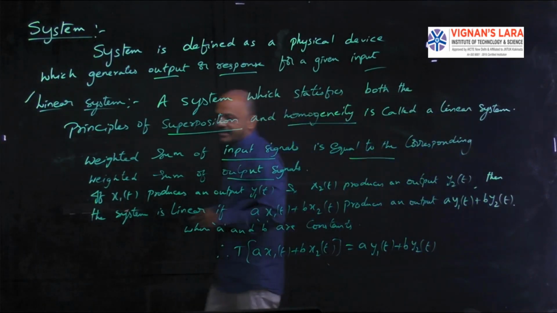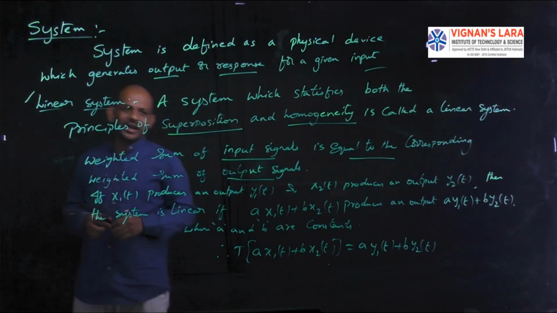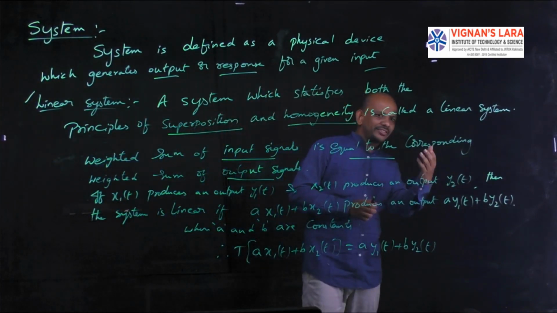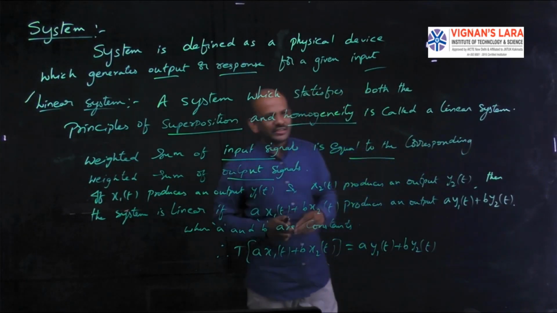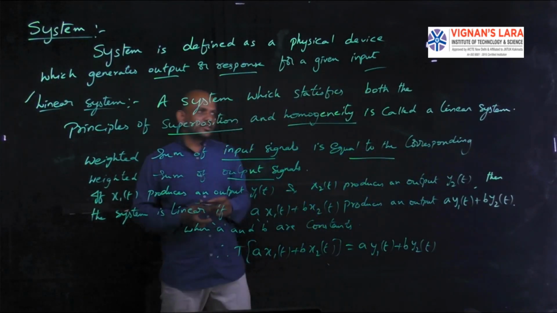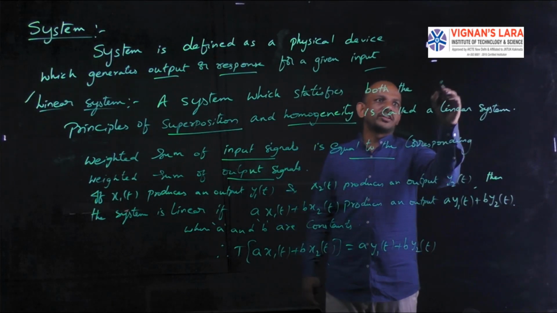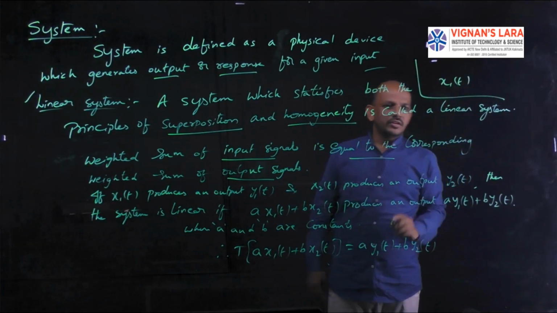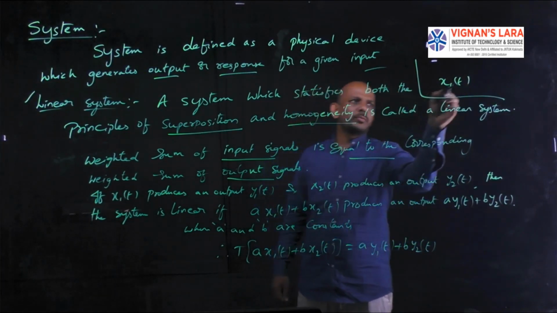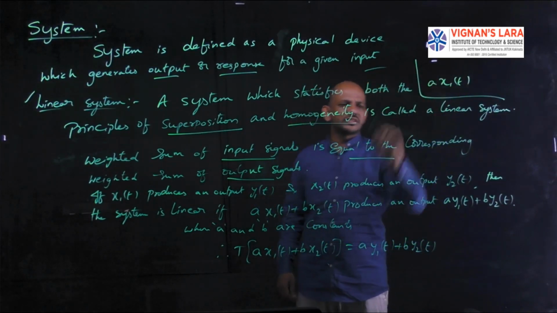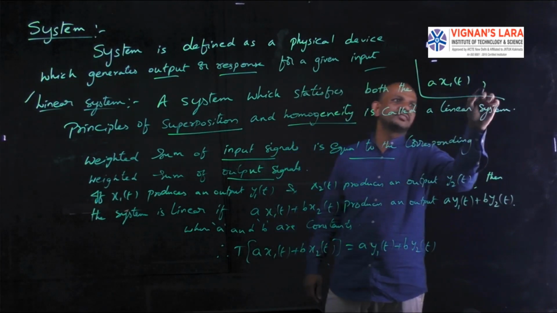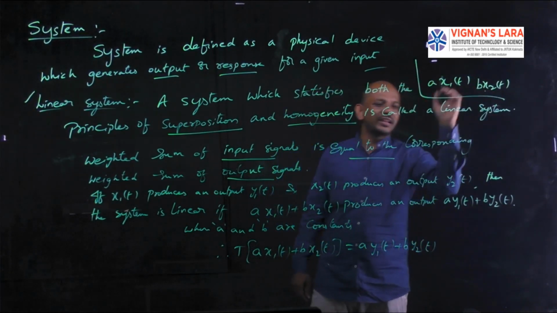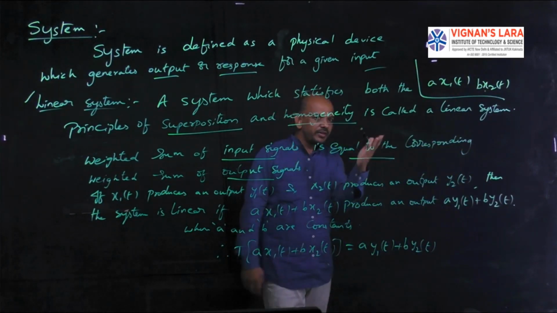Let us take two inputs, x1 of t and x2 of t. I multiply those signals with constants to get the weighted inputs. Multiplying x1 of t with a constant gives a into x1 of t, and multiplying another signal x2 of t with another constant b gives b into x2 of t. These are the weighted inputs.